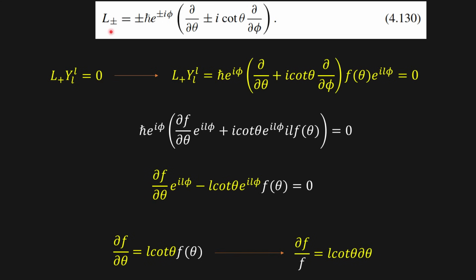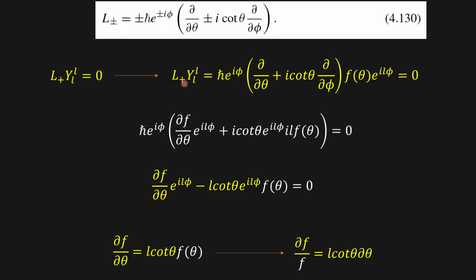As given in the problem, the raising and lowering operator is equal to plus or minus ħ e to the power plus or minus i phi multiplied by the partial derivative with respect to theta plus or minus i cot theta times the partial derivative with respect to phi. The upper sign is for the raising operator, the lower sign for the lowering operator. Now you know that when the raising operator acts on Y_l^l, we get the value 0, as from part A.